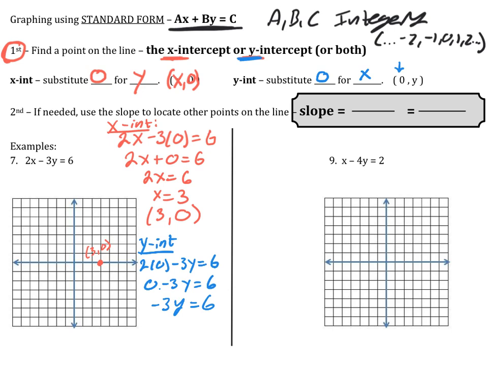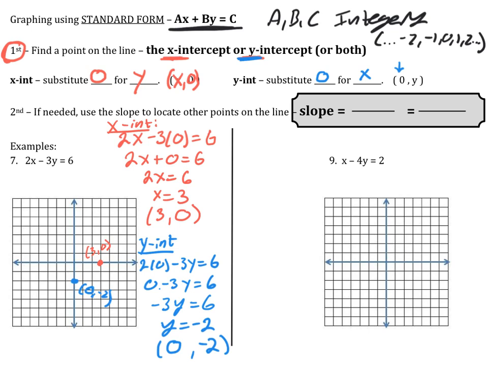So we'll divide both sides by -3, and we get y = -2. So now we can go ahead and fill in that point. We let x be 0, and we just found that y is -2. So this is a y-intercept. Make sure you plot this on the y-axis. So that's right here, the point (0, -2).